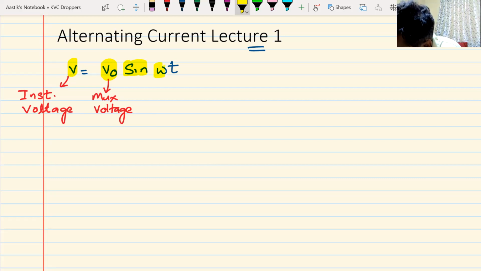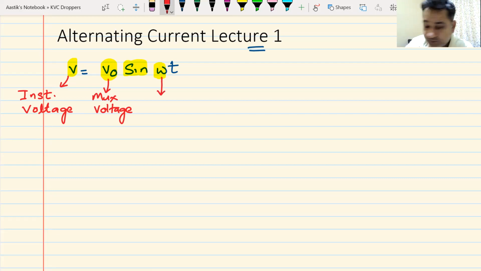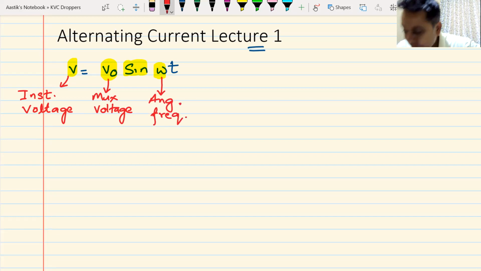Now let us come to this omega. What does this omega stand for? And I hope everyone is writing and not looking at the screen. This is not a movie; it's a class. What do you mean by omega? It is known as the angular frequency. It is same as angular velocity. I will also give you the relation. Do we understand this?